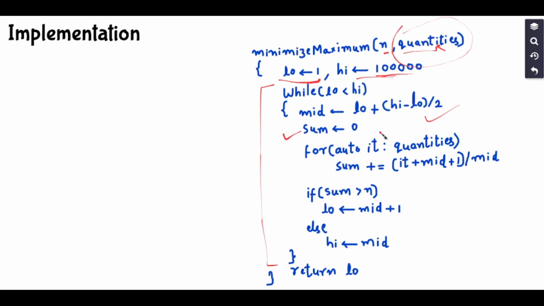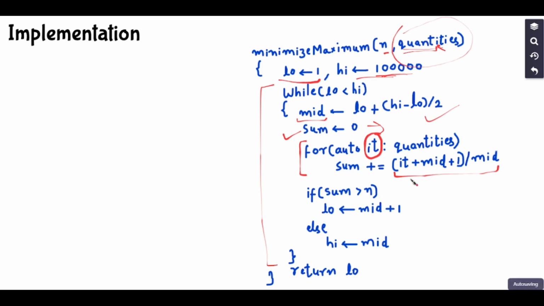Initialize a variable sum. This represents the number of stores to which we can deliver the products given in this quantities array, such that the quantity delivered does not exceed this mid. Now I iterate over this quantities array. I count the number of stores I can deliver each product to.